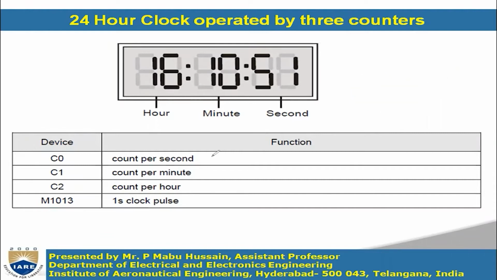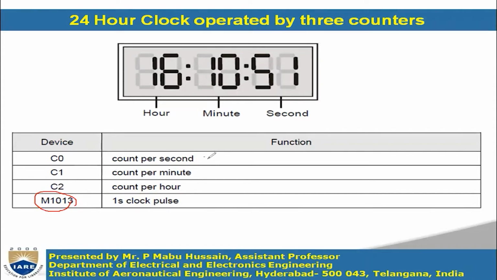To implement this 24-hour clock, which is operated by 3 counters, you have to use this 1 second clock pulse. This 1 second clock pulse will generate a pulse for each second. Whenever M1013 is on, your counter C0 has to increment its value by 1 second.